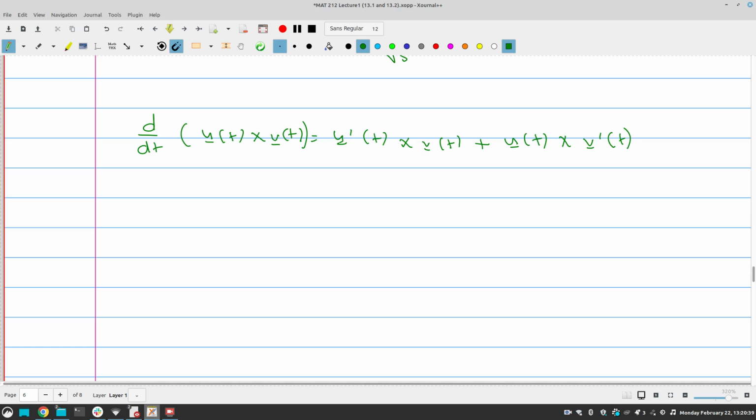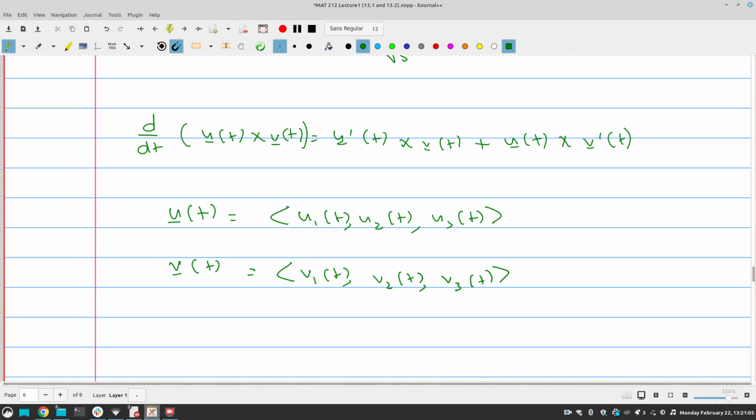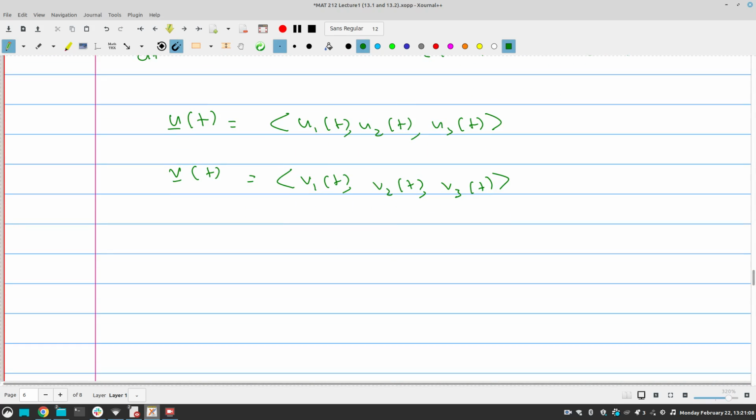So let u(t) have component functions u1(t), u2(t), u3(t), and v(t) have component functions v1(t), v2(t), v3(t). Now u cross v is given by the determinant.